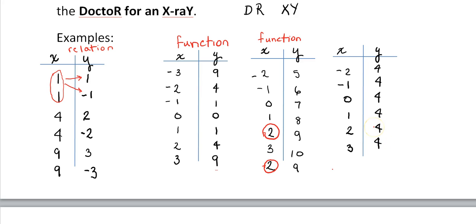But if you stop and think, here we're talking about the x's having more than one answer, not the y's having more than one input. Okay, so here I have exactly 1, and here I have exactly 1, and here I have exactly 1, and here I have exactly 1, and here I have exactly 1, and here I have exactly 1.